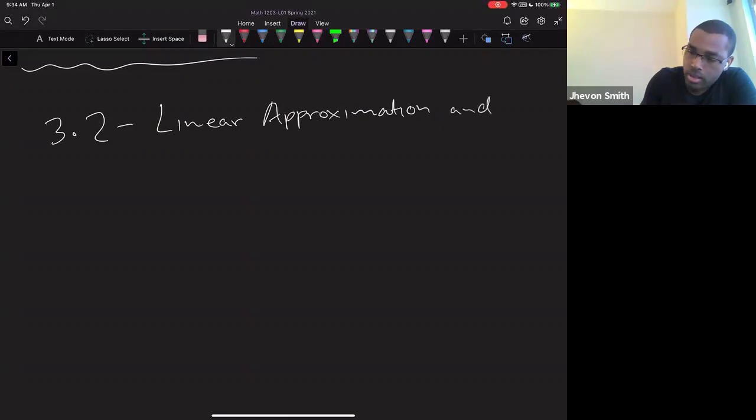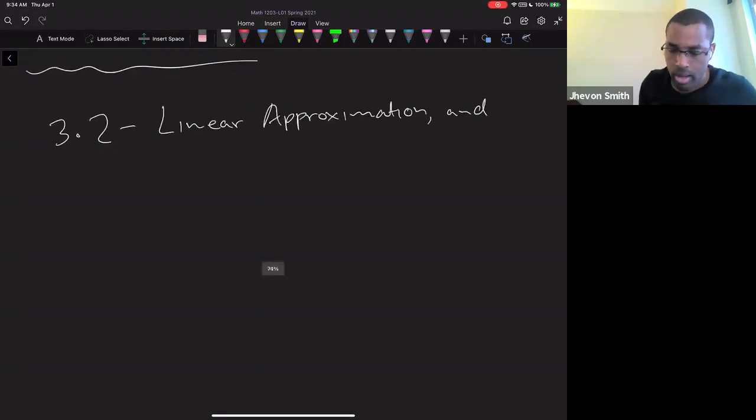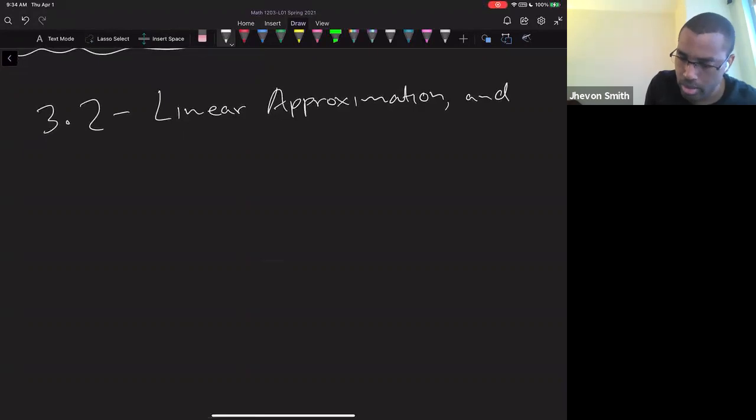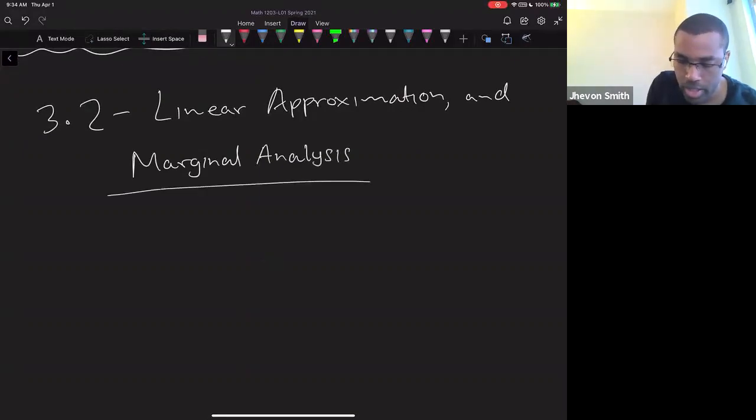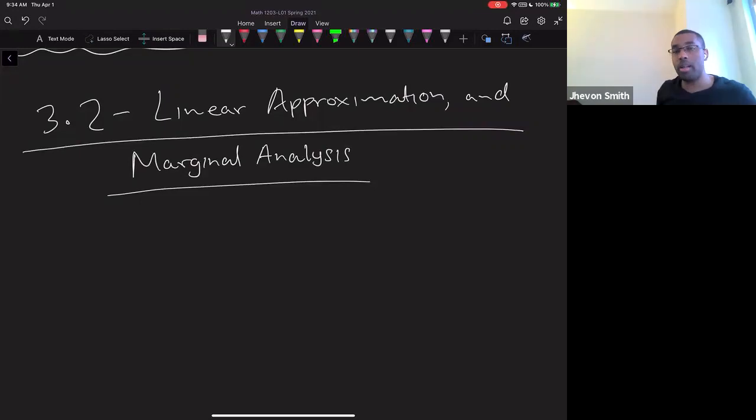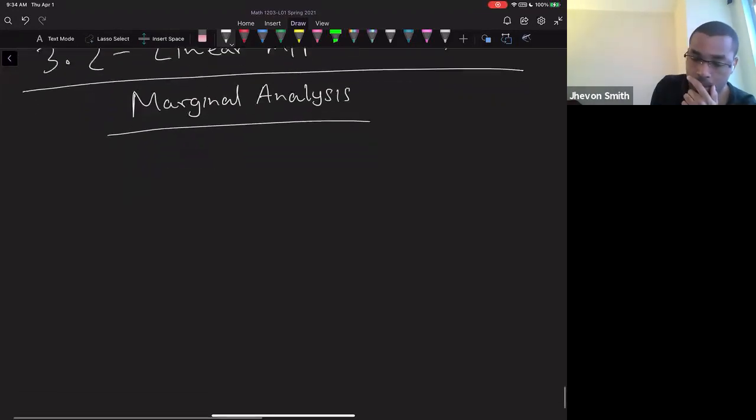I feel like the scale is off here. And marginal analysis, which is sort of an economic application of derivatives. They're both sort of applying derivatives in the same sort of way.